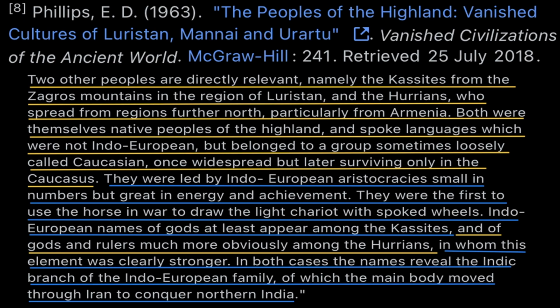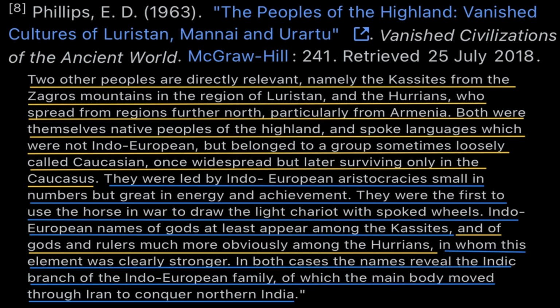Both were themselves native peoples of the highland and spoke languages which were not Indo-European but belonging to a group sometimes loosely called Caucasian, once widespread but later surviving only in the Caucasus. They were led by Indo-European aristocracies, smaller in number but great in energy and achievement. They were the first to use the horse in war, to draw the light chariot with spoked wheels.